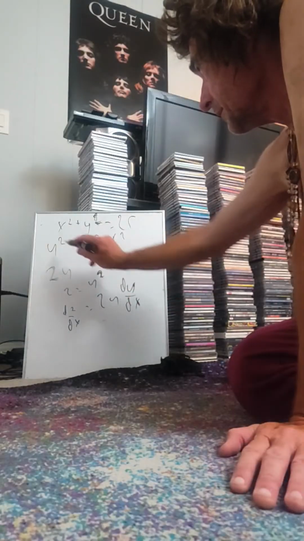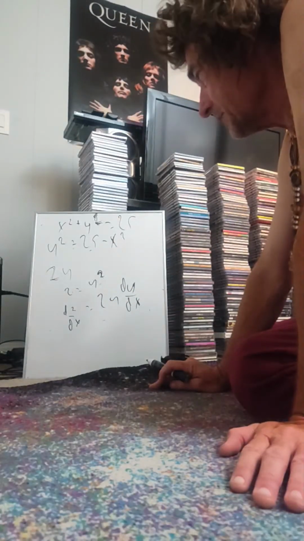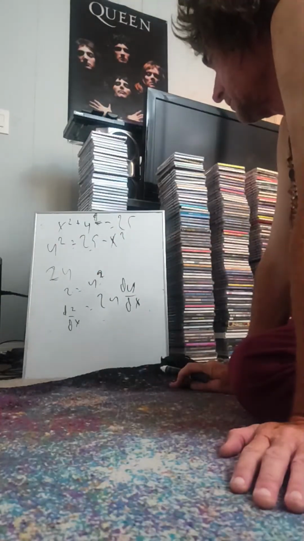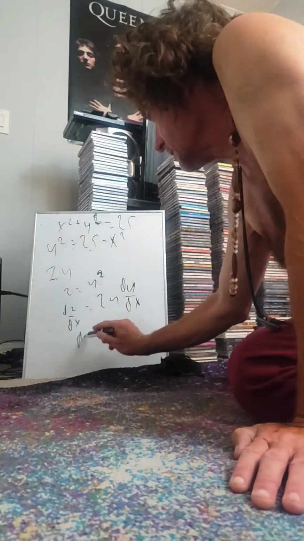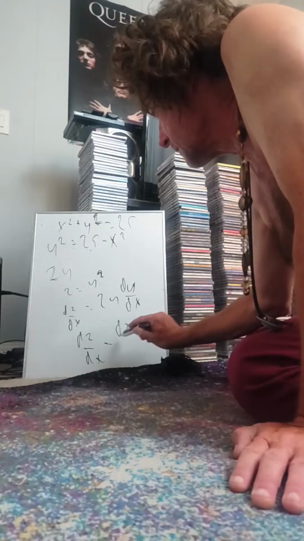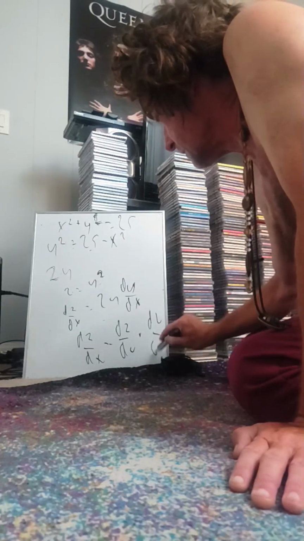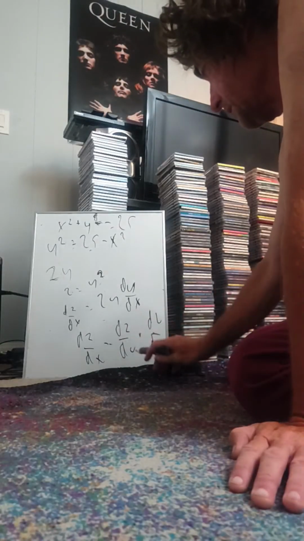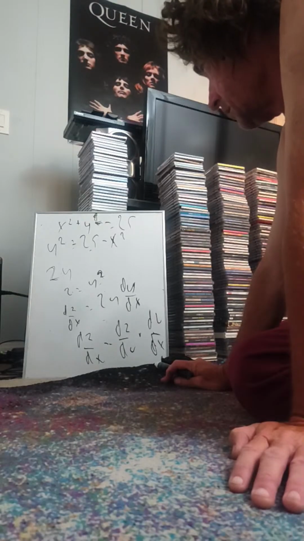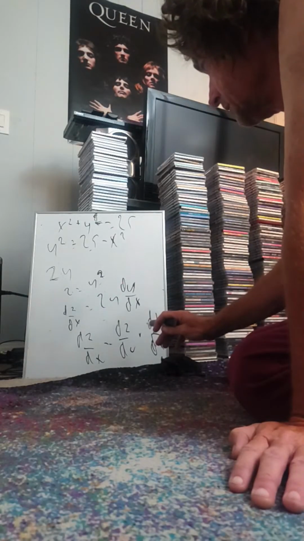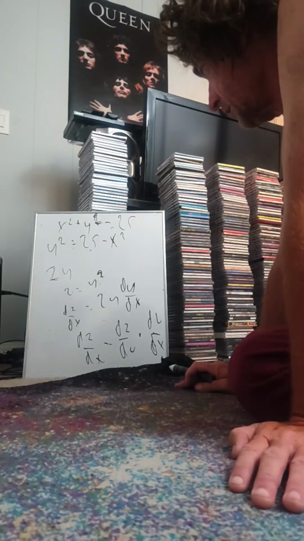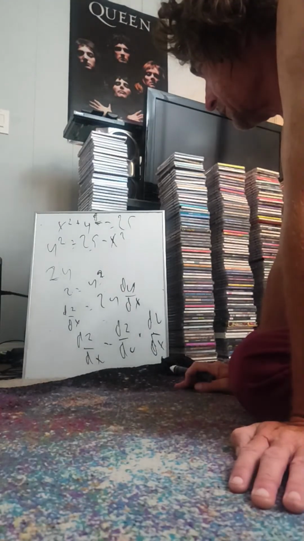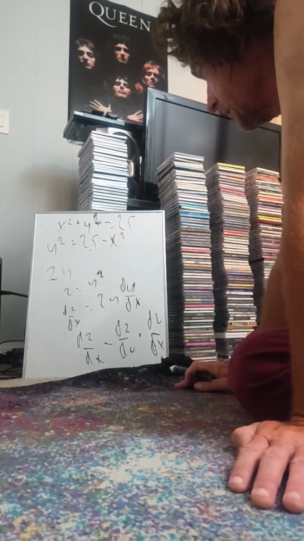If I make z y squared, then dz/dx by the chain rule is 2y times dy/dx, because dz/dx equals dz/du times du/dx. dz/du is 2y, and u is y.